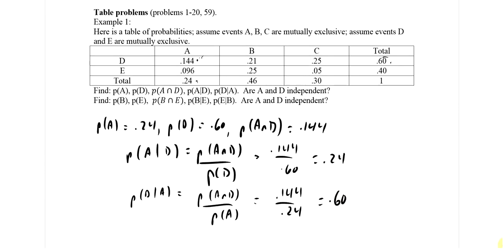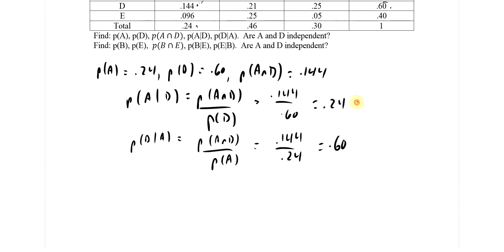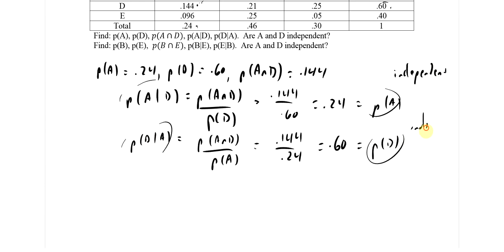Okay, so note that this is, in fact, the probability of A, and this is the probability of D. So this equals the probability of A, so they're independent. And you can test either one, right? You can look at the probability of D given A versus the probability of D, or the probability of A given D versus the probability of A. If these two are the same, then these two are going to be the same. So you really need to only test one.